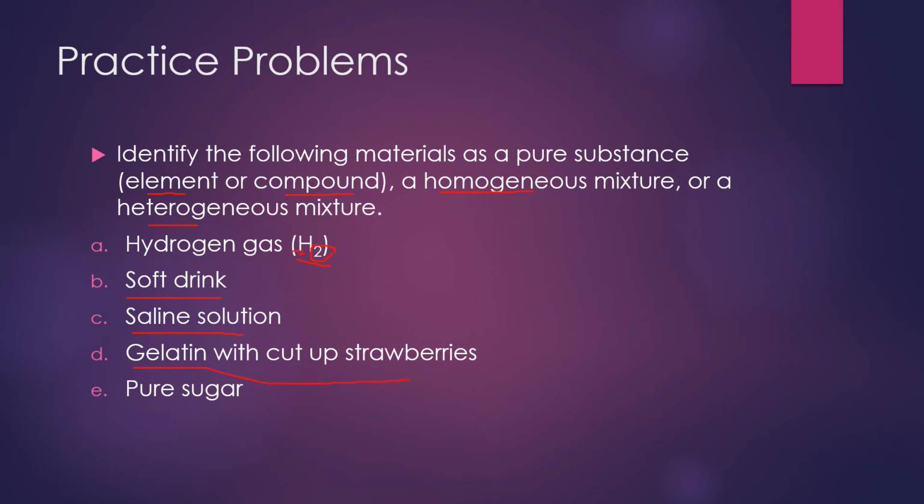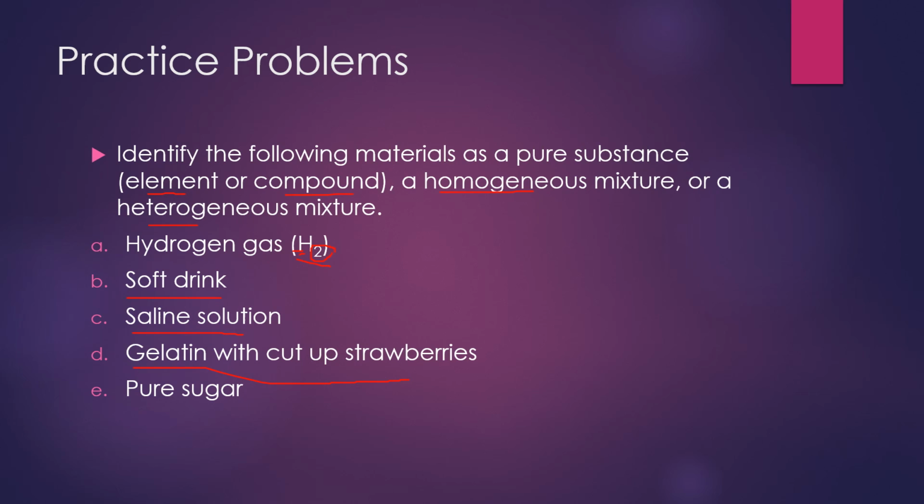Next, gelatin with cut up strawberries. So we're talking Jell-O here. So Jell-O itself is probably a homogeneous mixture. If you've ever made Jell-O before, you heat up hot water, you pour this powder in it, and you stir it until there's no powder left, until it's a uniform mixture. So Jell-O by itself would be homogeneous.